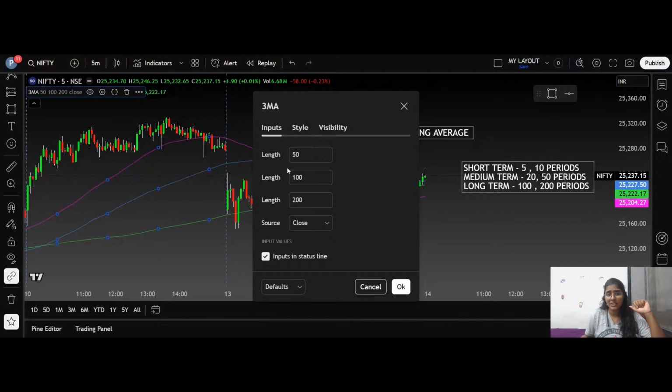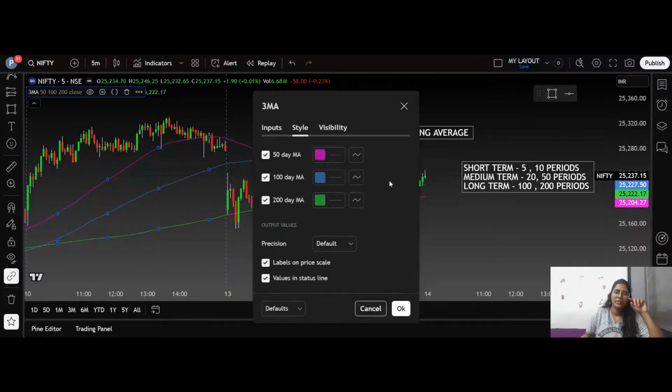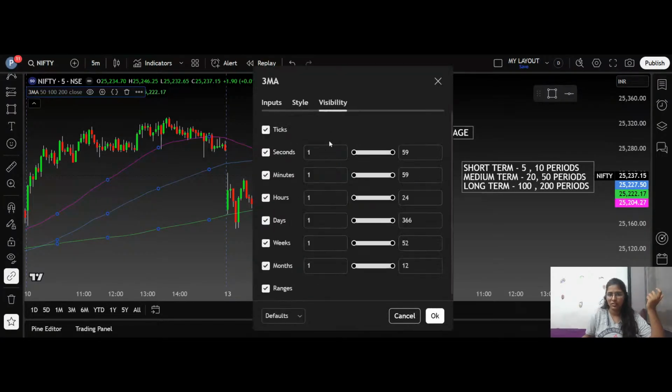These are 50 period SMA. See, 50, 100, 200. One line of this 50 periods, another line of this 100 periods, and another line of this 200 periods. So we are going to see the 50-day SMA in this pink color, the 100-day SMA in this blue color, and the 200-day SMA in this green color.